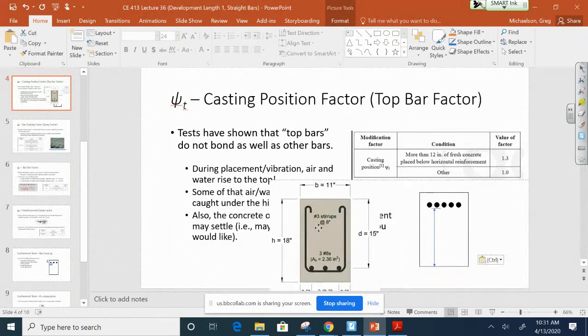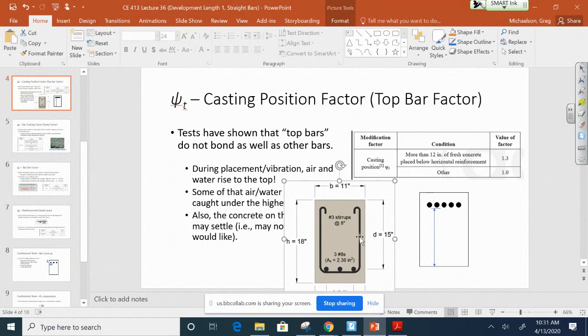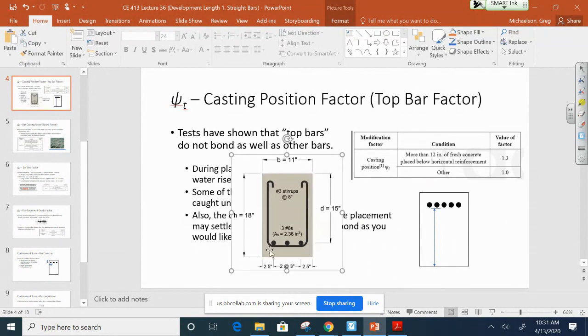All right. So here's the beam. And remember, the psi T is the top bar factor. So we ask ourselves if more than 12 inches is below the reinforcement. Now we're looking at these 3 number 8s, these bars here on the bottom. So if we're looking at the bars on the bottom, help me out. What is the psi T value going to be?